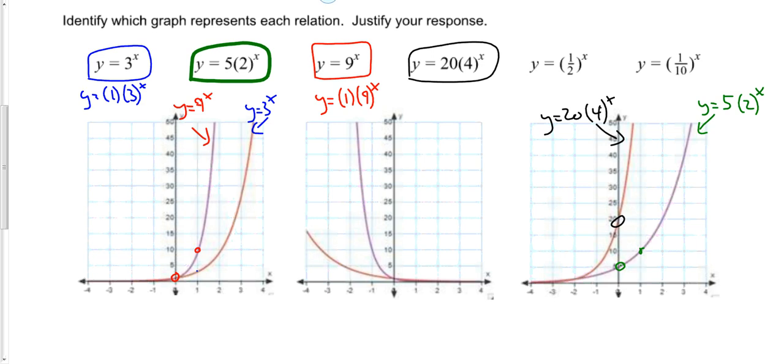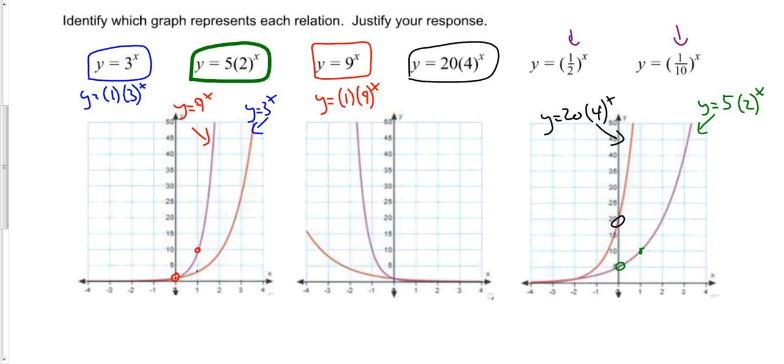Now that leaves us with these two examples on the right-hand side. Here we know that the b value, for both of them, is going to be less than 1, so it's going to be decreasing. Obviously it's got to be one of the two in the middle. We also know that the a value is 1 for both of them.